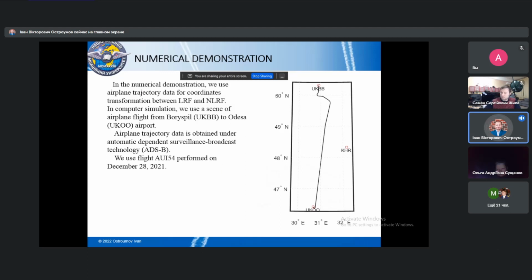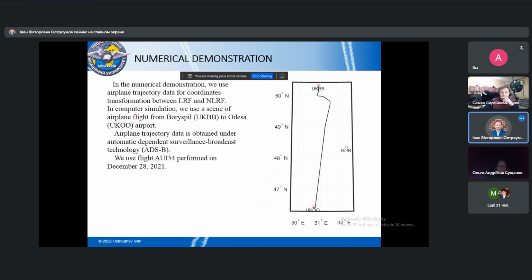And for numerical demonstration, unfortunately now we do not have traffic. However, we've got a pre-recorded database of air traffic, which we obtained by automatic dependent surveillance broadcast, according to which on board of each aircraft we have a specific transponder which transmits a digital signal with the location of the aircraft.